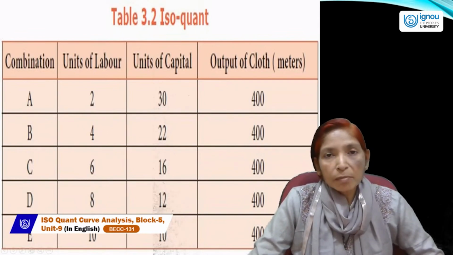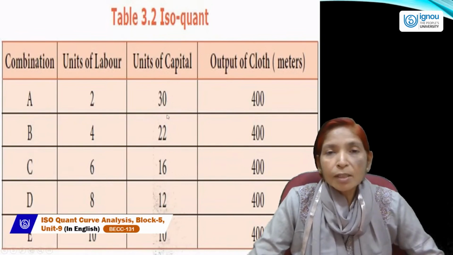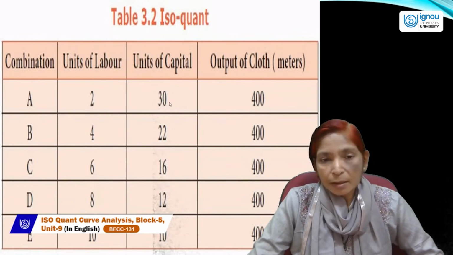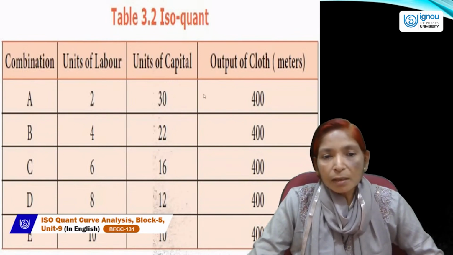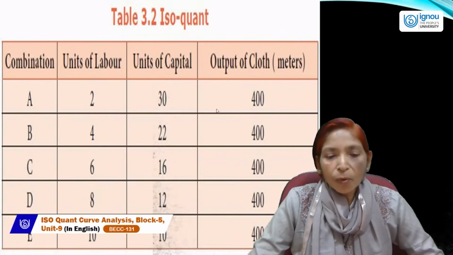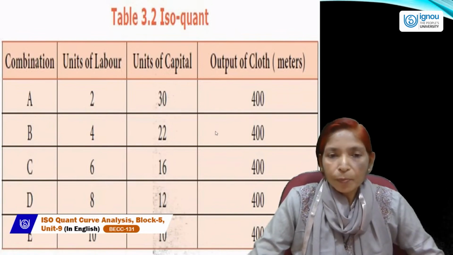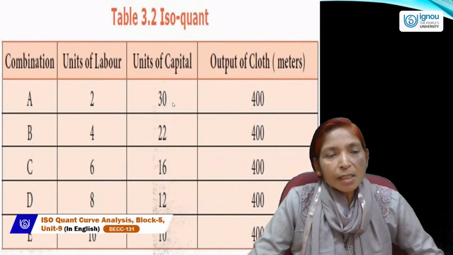The gap is the same, 2 each time. But the sacrificed units of capital are diminishing, because in the beginning the difference is 8, then 6, then 4, and last 2. So as we increase the units of labor, we must sacrifice units of capital.